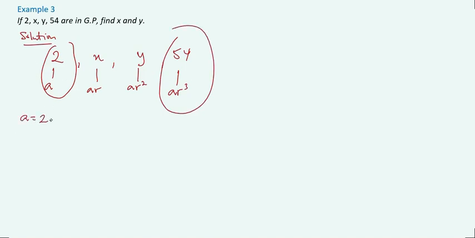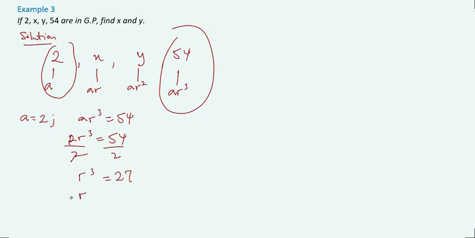So our A is equal to 2 by implication, and our AR raised to power 3 is equal to 54. You now put A in this. So what do you have? 2R raised to power 3 is equal to 54. Divide by 2 both sides. So you have R raised to power 3 is equal to 27.